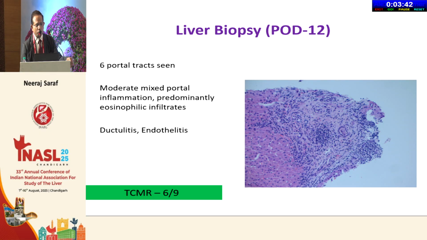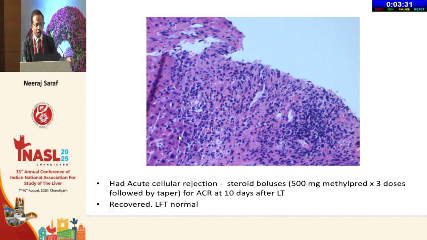The biopsy showed mixed portal inflammation, predominantly eosinophils, some ductulitis and endothelitis, and he had a moderate rejection with a score of 6/9. Here you can see some ductulitis, endothelitis, and ducts are not very clearly seen here. So he had acute cellular rejection.